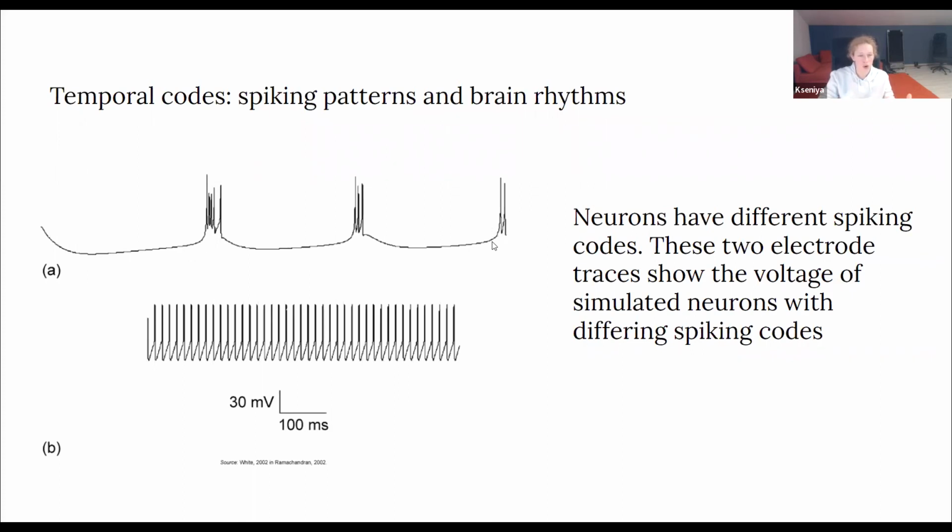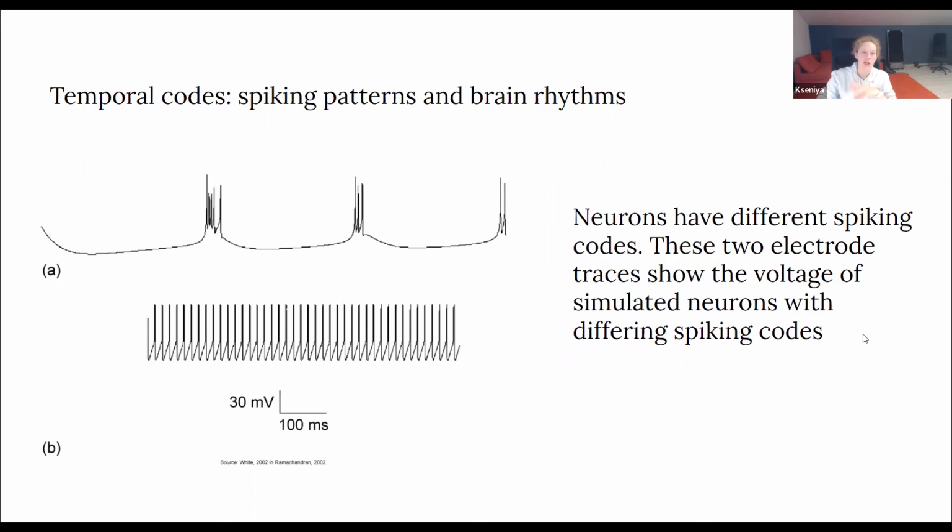Now, we are not sure how neurons transmit signals in general. For some neurons, we know that the frequency plays the major role, and for other neurons, we know that the time of the spike plays the major role. So there are different spiking codes for different neurons.